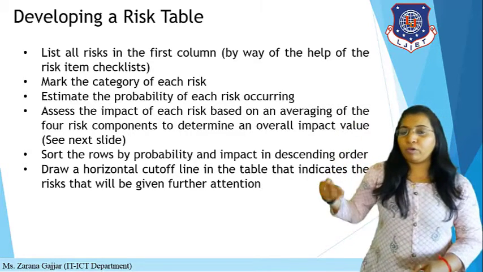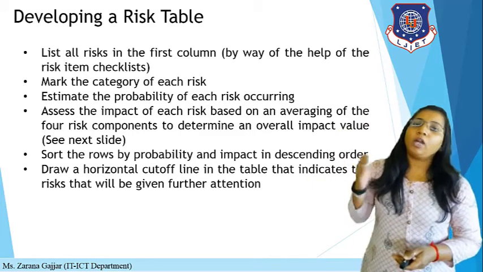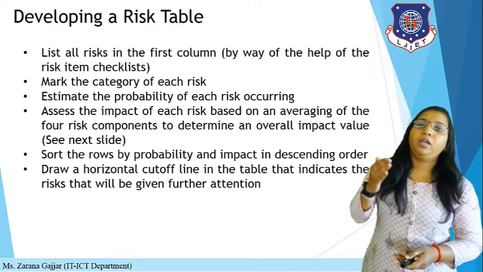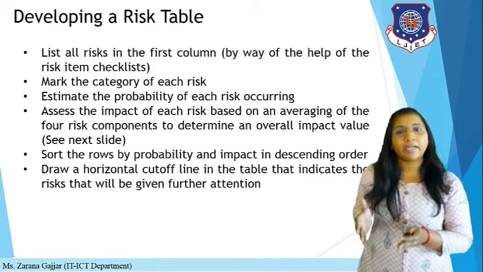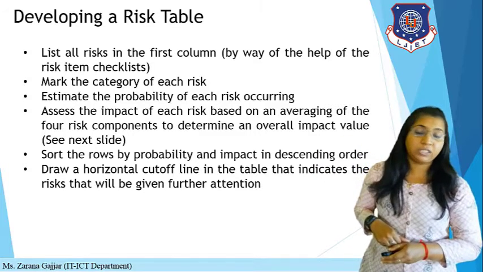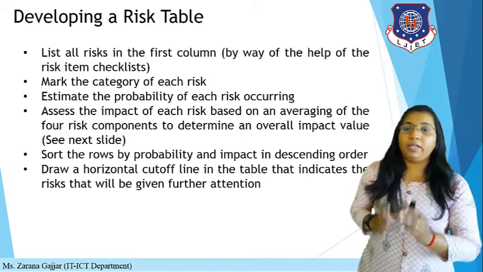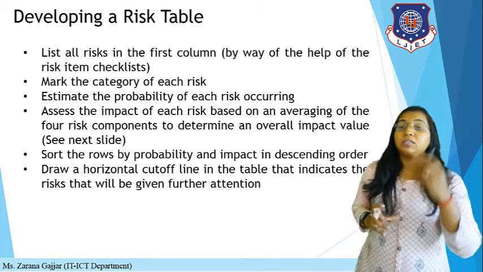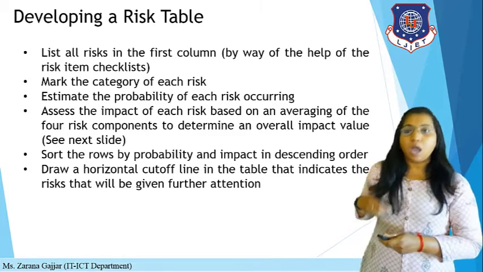The second step is to mark the category of each risk. If you find any risk, define its category, whether it is a product risk, budget risk, product size, and so on. Then you have to estimate the probability of each risk occurring, that is, how likely this risk is to occur.